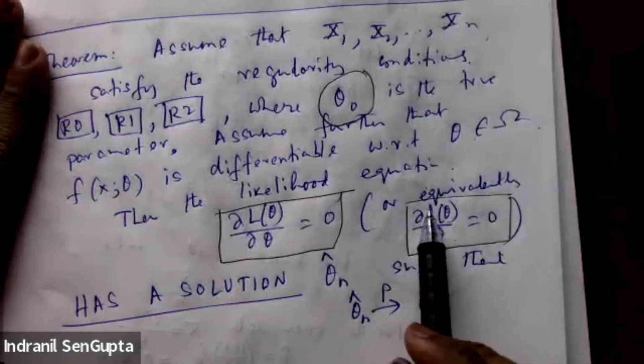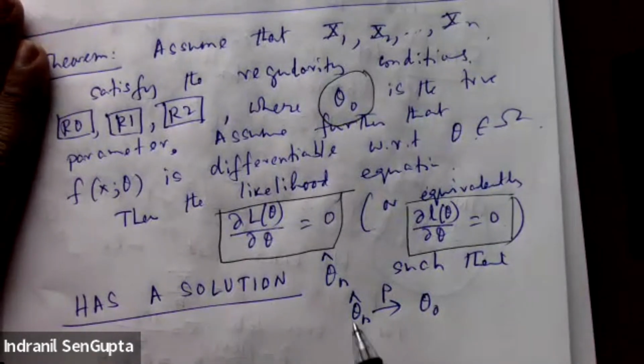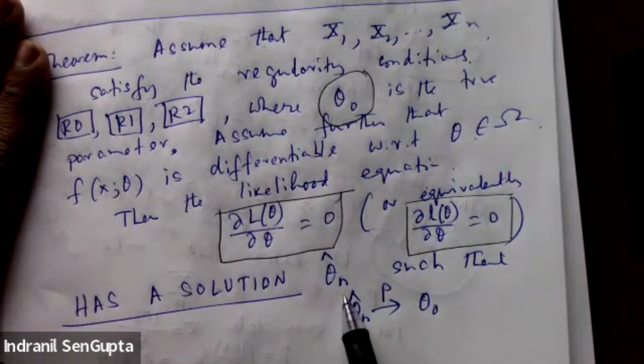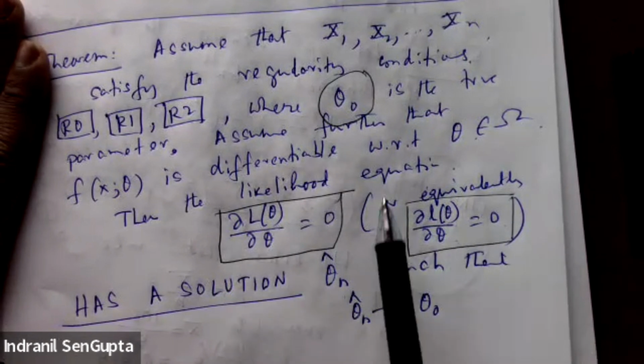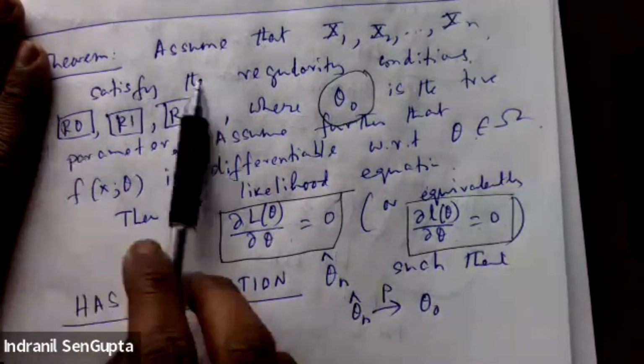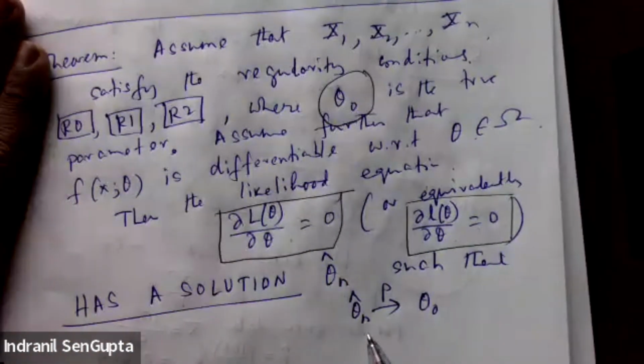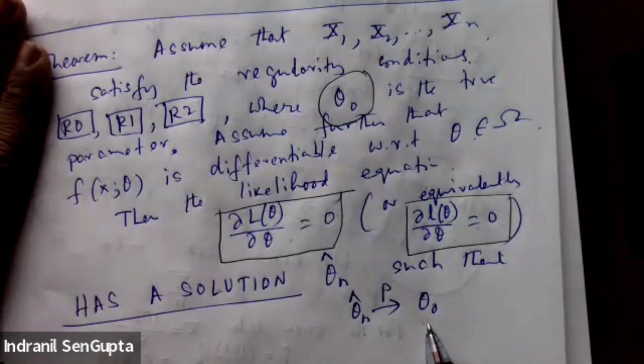It may have a bunch of solutions, but suppose we find one solution, which is theta n hat. It guarantees that one of the solutions of this equation, if the regularity conditions are satisfied, must go to the true value in probability.